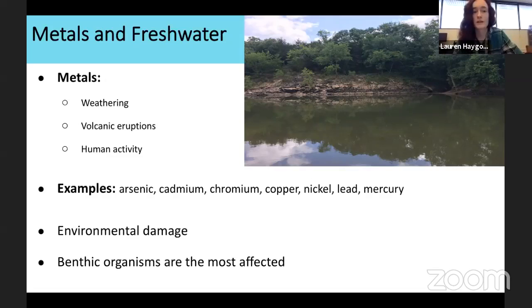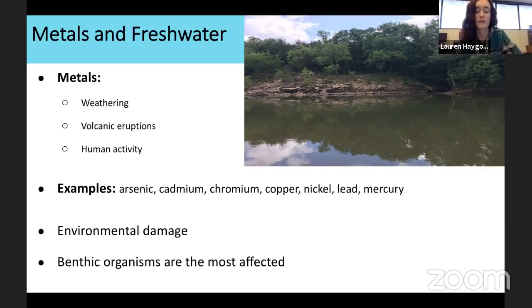And so examples of metals in water include arsenic, cadmium, chromium, copper, nickel, lead, and mercury, and there's also lots more. And so metals in freshwater systems can pose environmental damage, and by environmental damage, I mean they can pose threats to aquatic life, because aquatic life is also subject to metal toxicity. They can pose risks to human health.